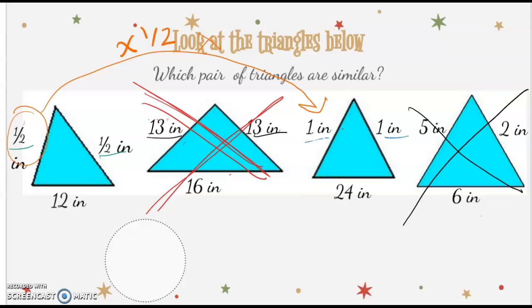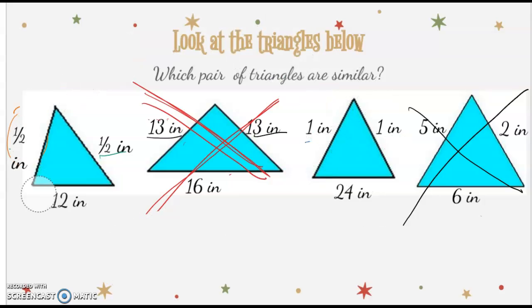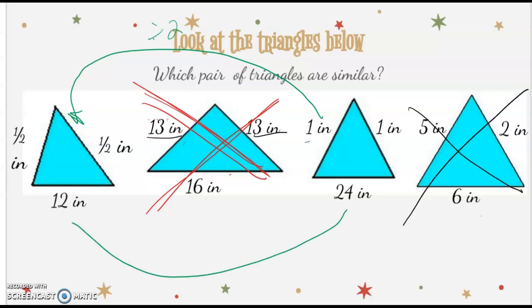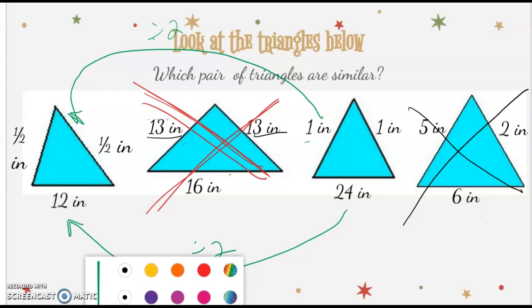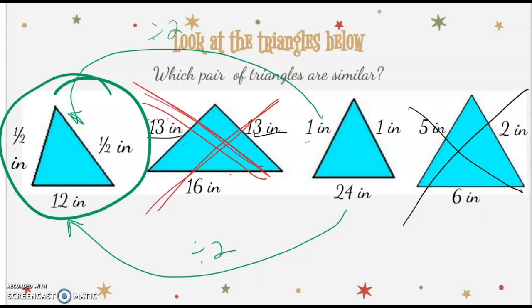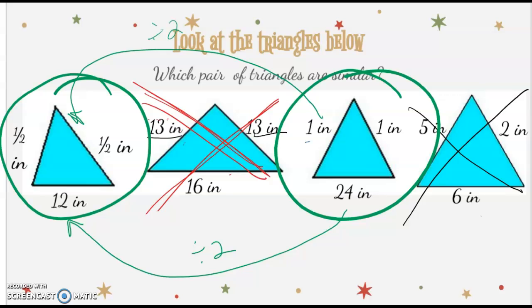Or vice versa, if you do it the other way. I know that 1 to get to a half would be to divide by 2. So I would have to divide 24 by 12 and get that. So these are our 2 similar triangles.